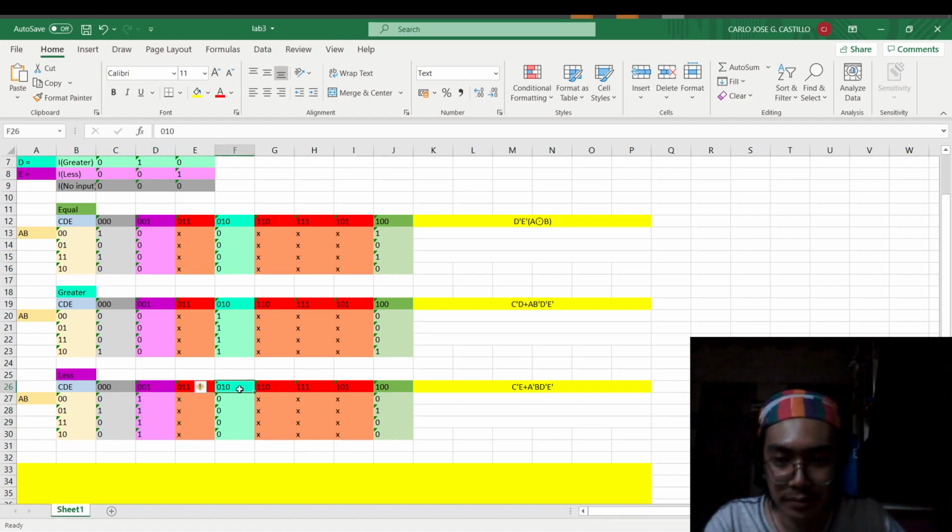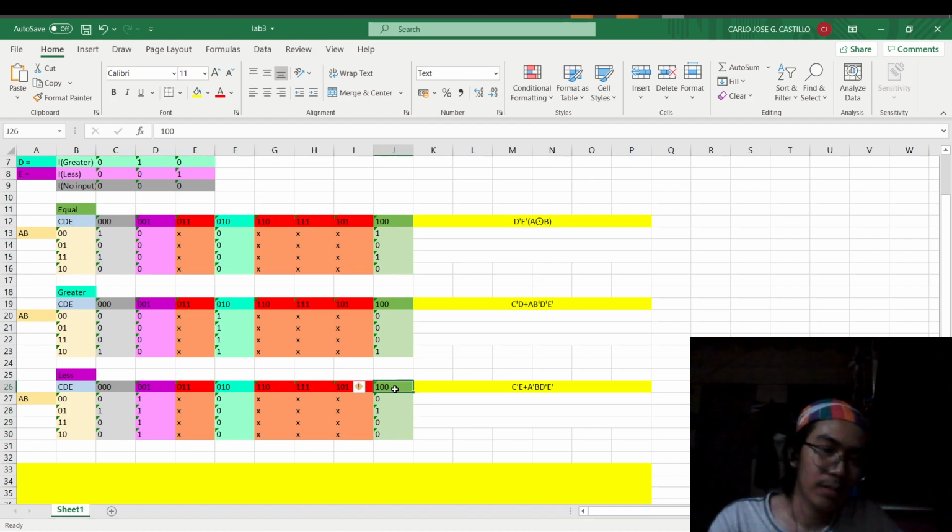And for the case of the sky blue right here, the 010, that is the case for greater. But since this came up for the greater operation, we place a 0 value. And then for the last part, the previous comparator said that both inputs of A and B are the same.